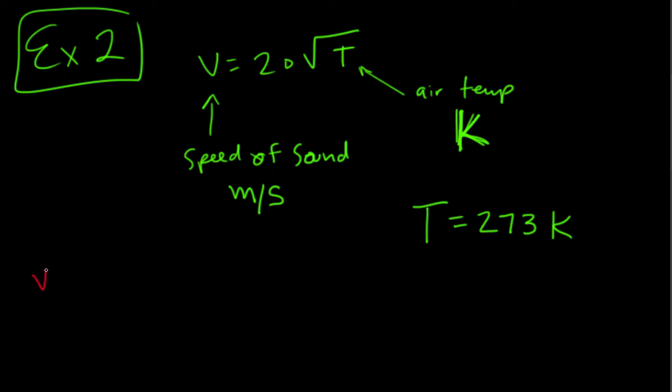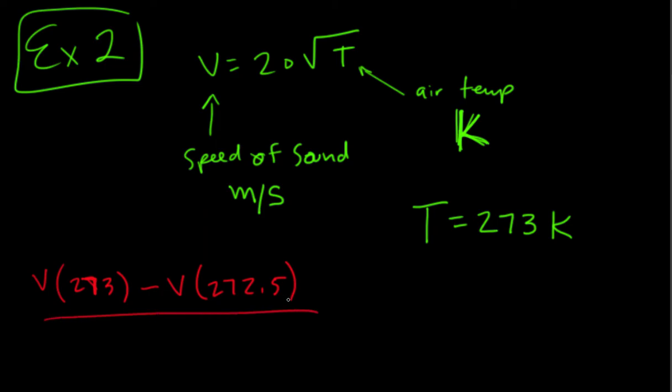So we're going to do the velocity, plugging in that initial value, so we're doing like half a Kelvin away. We're going to drop that down. And 273 minus 272.5.